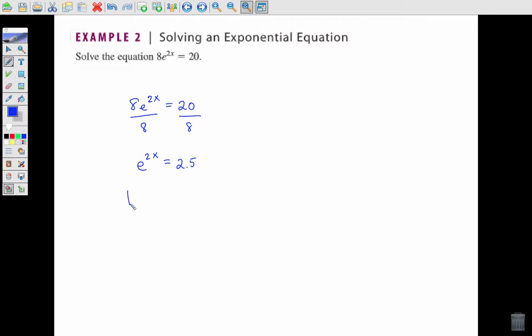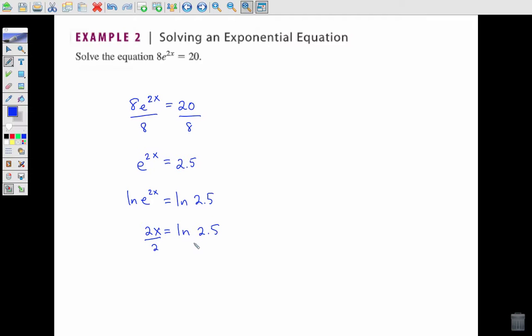Because I have an e here, it makes sense to take the natural log of both sides. Step 2 is to take the log of both sides. The natural log of e to the 2x, natural log and e to a power are inverse functions, so I'm left with just 2x equals the natural log of 2.5.